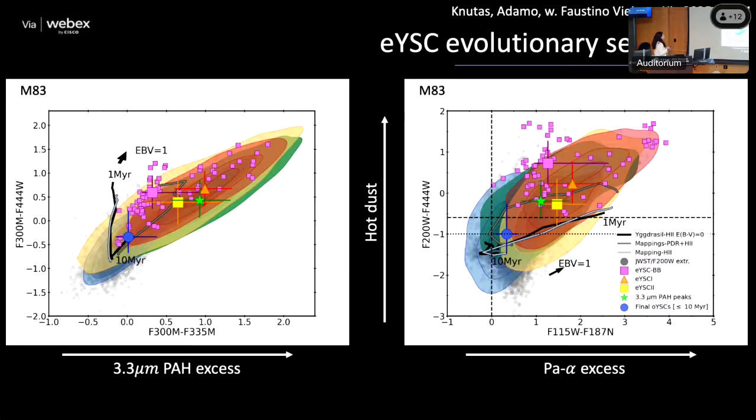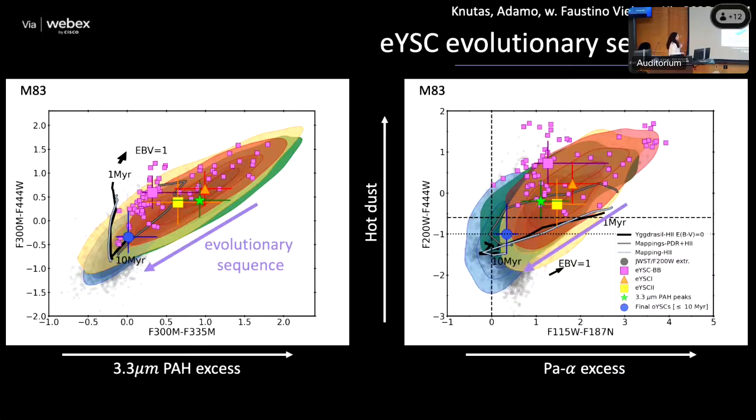And you see that as we go from EYC1s to EYC2s to the optical clusters, you go up in age and down in PAH. This 3.3 micron PAH is thought to be very susceptible to radiation or feedback. And so we think that this is evidence for an evolutionary sequence where, from EYC1s to EYC2s to optical, they're slowly emerging from the natal cloud.